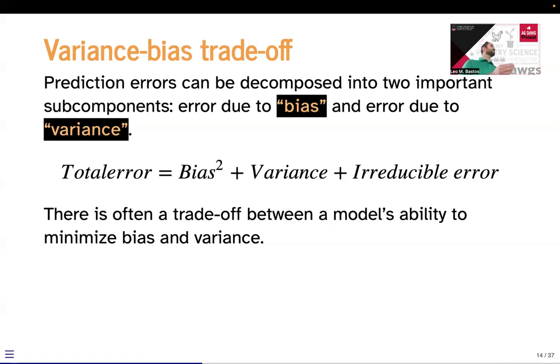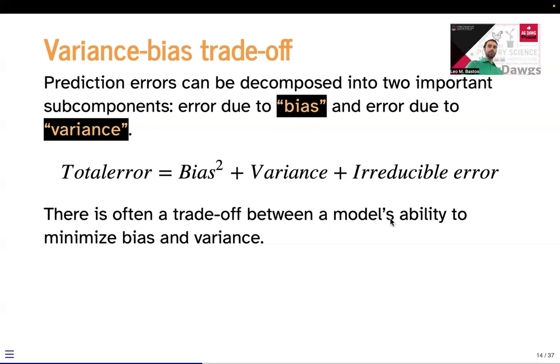I use the model to make a prediction on the test set. The error on that prediction can be decomposed into three components: the bias, the variance, and irreducible error. Irreducible error is something that, regardless of how much you train a model, is not going to change. It's always going to be there. So we really focus on the bias-variance trade-off.